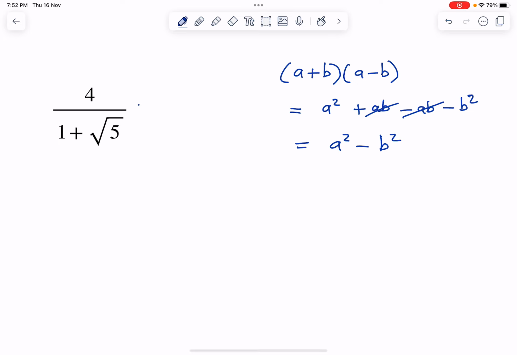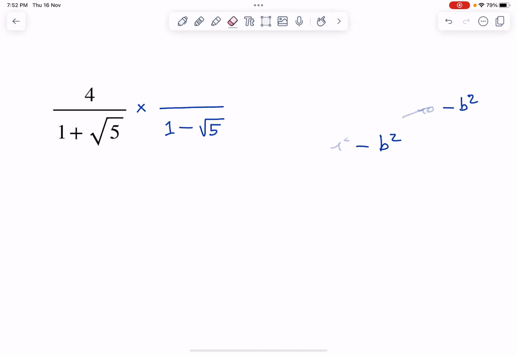So what we are going to do is we will multiply this fraction with surd form on the denominator with its opposite like this. So then we have to multiply by 1 minus root 5. Going to erase this part here.